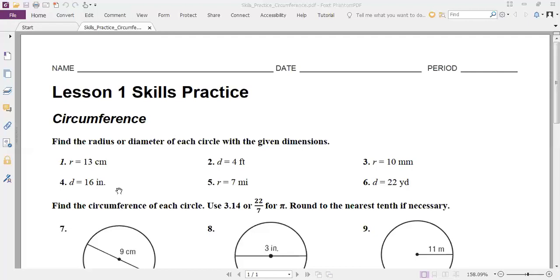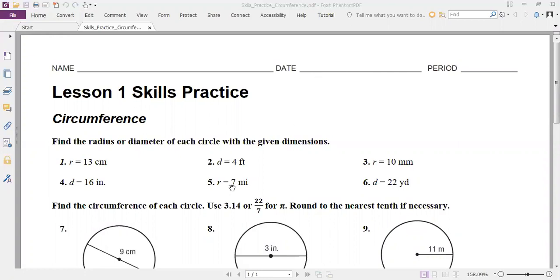We will divide this one by 2, right? Here we have 16 divided by 2. If he gives me the diameter, I divide it by 2. If he gives me the radius, I multiply by 2. 16 divided by 2 gives me 8.